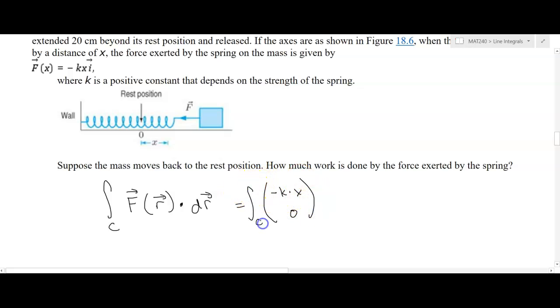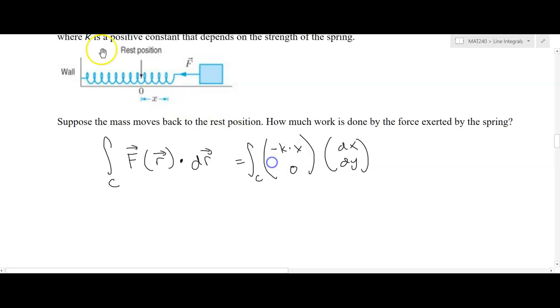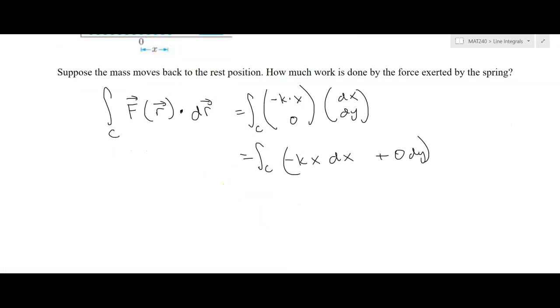Once again, if we think about dr as dx and dy, then what we need to compute is to accumulate the dot products along this path, negative kx dx plus 0 dy. In the y direction there is no force, so that's not going to contribute to our line integral. And now we can break this up.